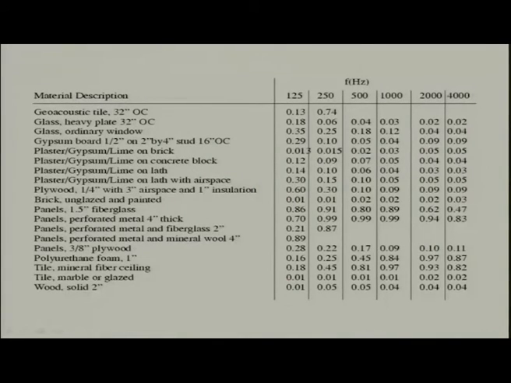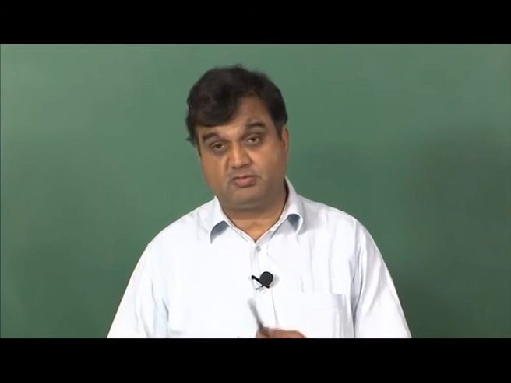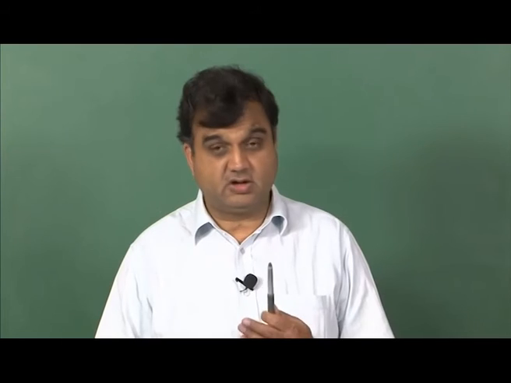And then there are some more materials. So, you have tiles, thick plates for glass, different types of plasters, bricks, polyurethane foam, and so on and so forth. Now, this is a relatively smaller list, but there are very exhaustive lists. So, if you are interested in figuring out if you have a particular material, you can browse over the internet or approach some specialized agencies who deal with sound, and they will be able to provide you sound absorption coefficient for different materials.